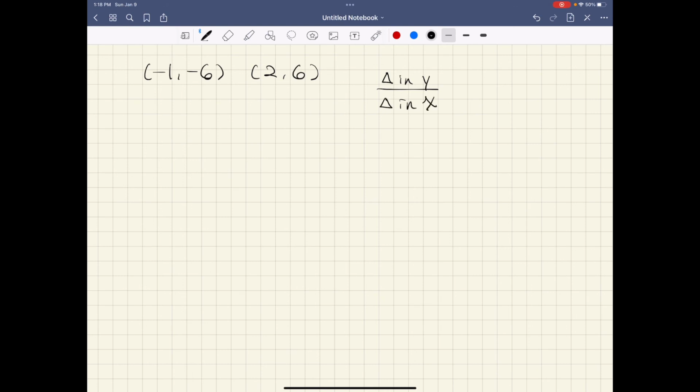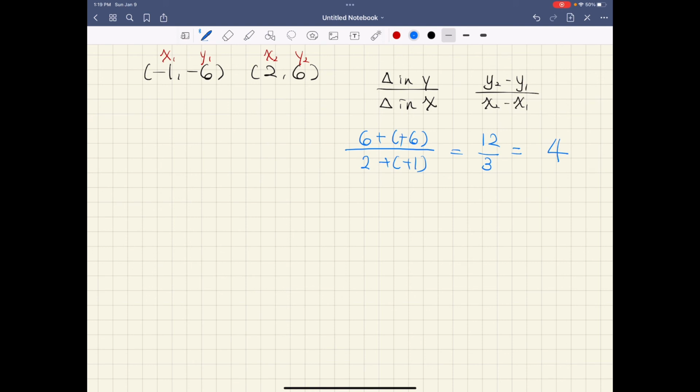So we can also write this as y2 minus y1 over x2 minus x1. So this is going to be x1, y1, x2, and y2. And 6 minus negative 6 over 2 minus negative 1. It's 12 over 3, so 4.